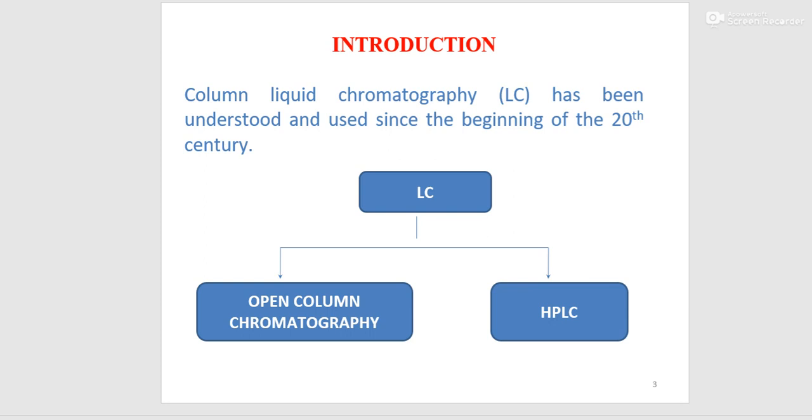Before proceeding towards detailed knowledge of HPLC, let us talk about column liquid chromatography.